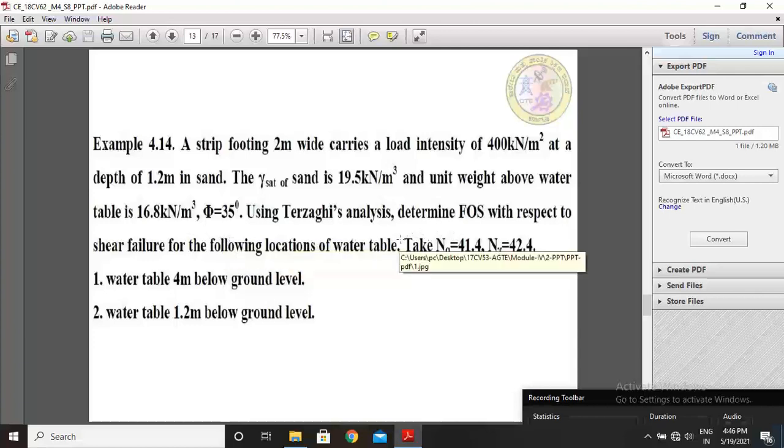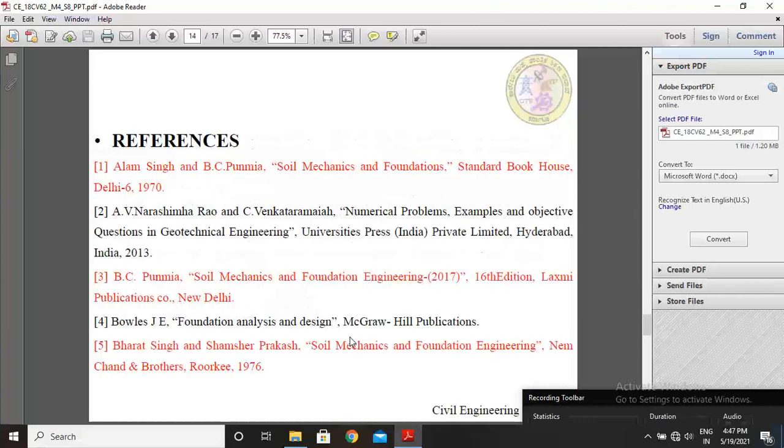Using Terzaghi's analysis, determine factor of safety with respect to shear failure for the following locations of water table. Take NQ equal to 41.4, N gamma equal to 42.4. First case, water table 4 meter below ground level. Second case, water table 1.2 meter below ground level. So this is similar to earlier problems. Okay, there are some values changed, you can solve.